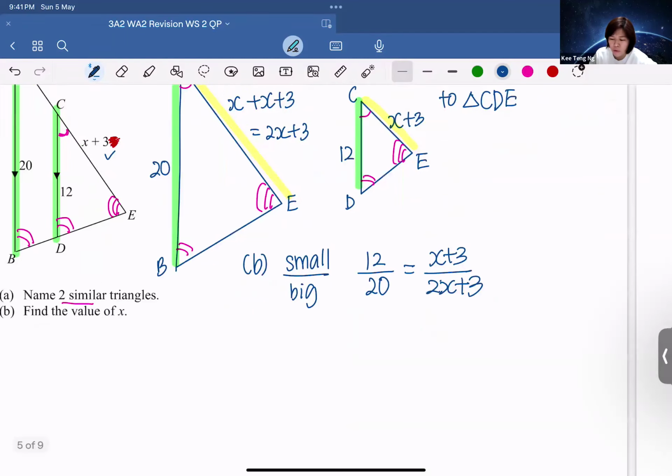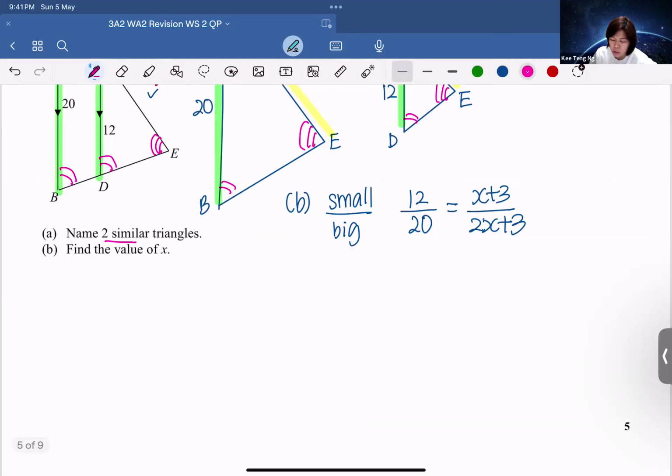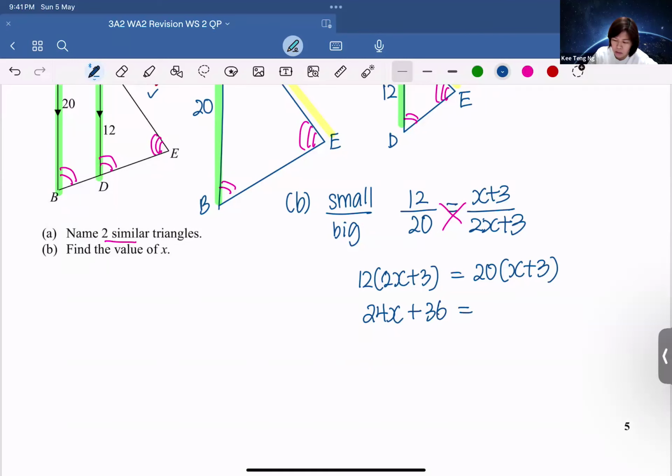Then from here, we form an equation. We can cross multiply. So 12 times 2x plus 3 equals 20 times x plus 3. Let me expand, and remember to expand all the terms inside the bracket, both terms.